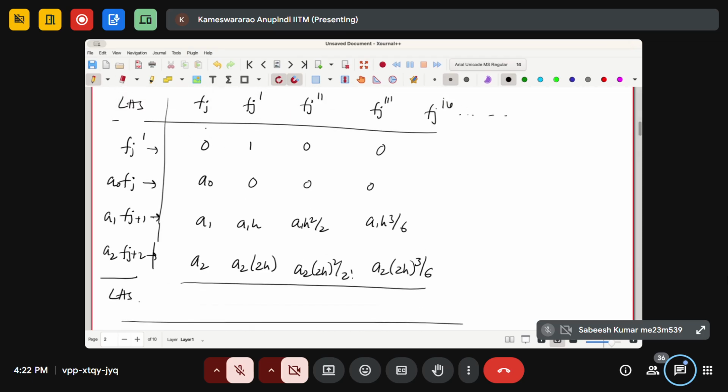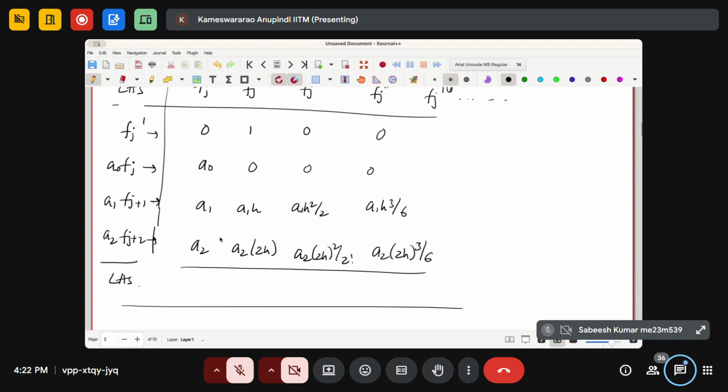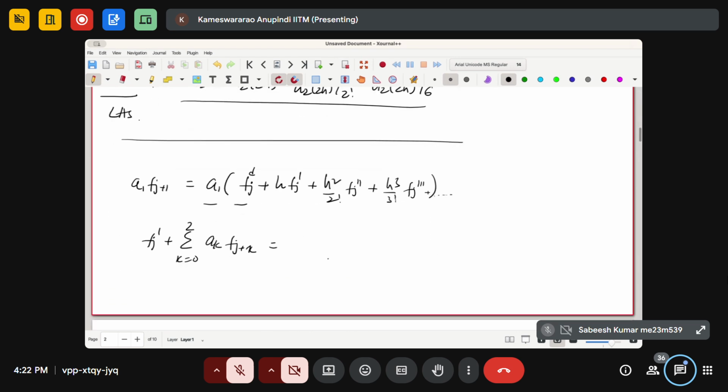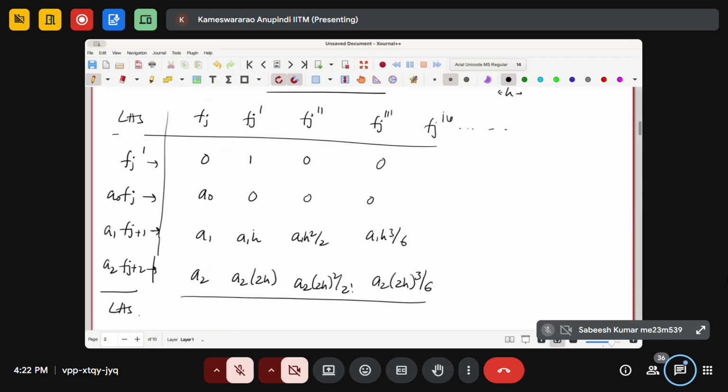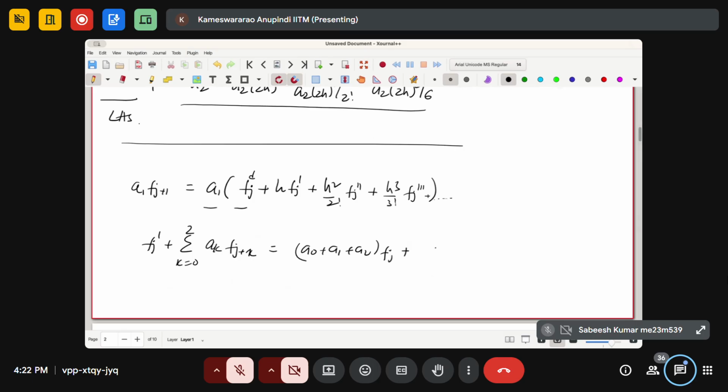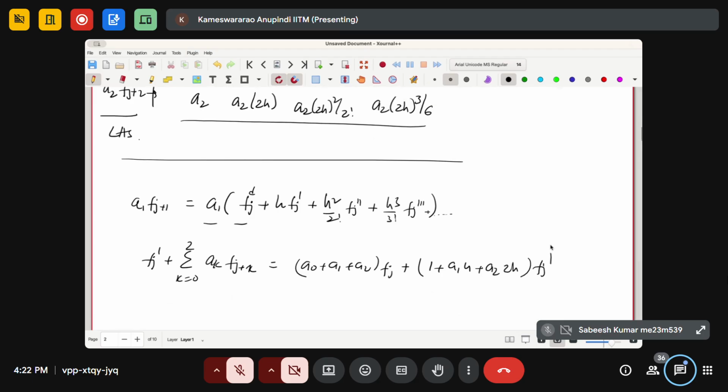Then on the right hand side, what I have is a0 plus a1 plus a2 times fj. So I'm summing this thing. Plus I have 1 plus a1 h plus a2 2h times fj prime.